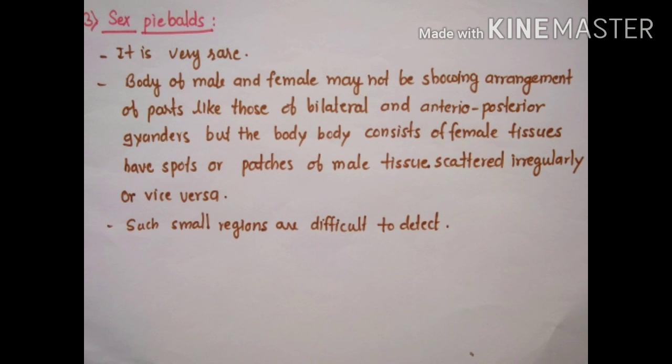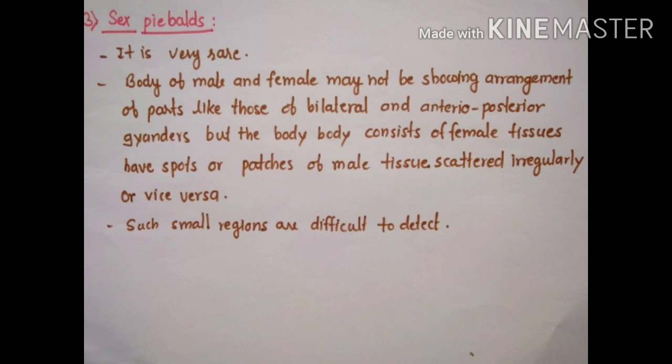So we discussed here what is meant by the Gynandromorphus, that is the definition of a Gynandromorphus. Second one is the discovery about the Gynandromorphus and the types of Gynandromorphus. In type there are three types. First one is the bilateral Gynandromorphus, second one is the antero-posterior Gynandromorphus and third one is the sex piebald Gynandromorphus.